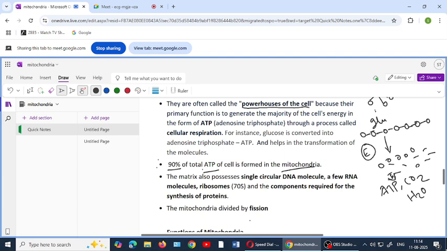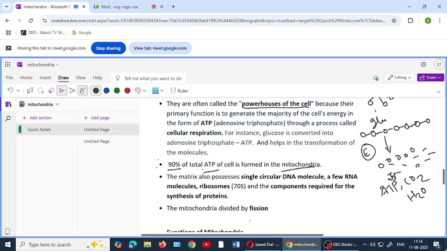That means 90% of ATP, that means energy, is created in mitochondria. That's why it is called the powerhouse of the cell.